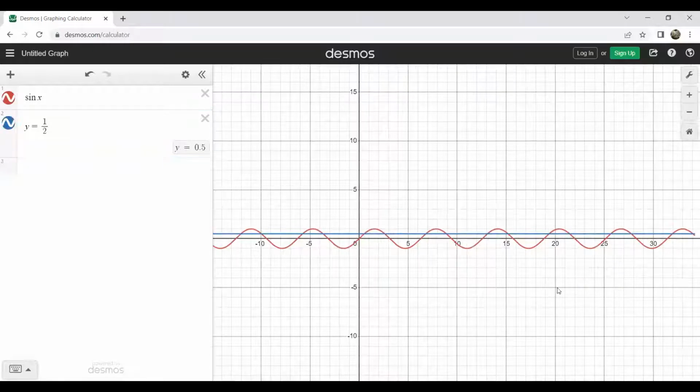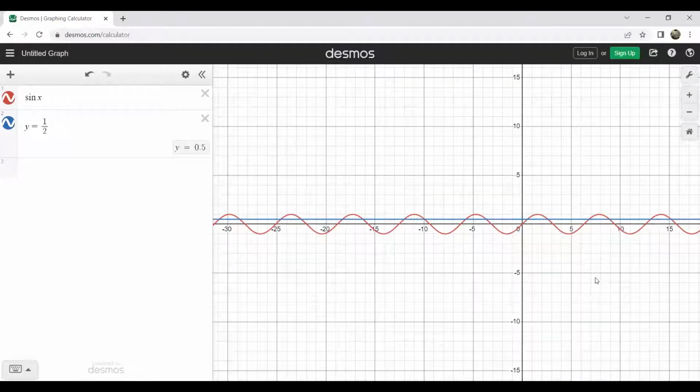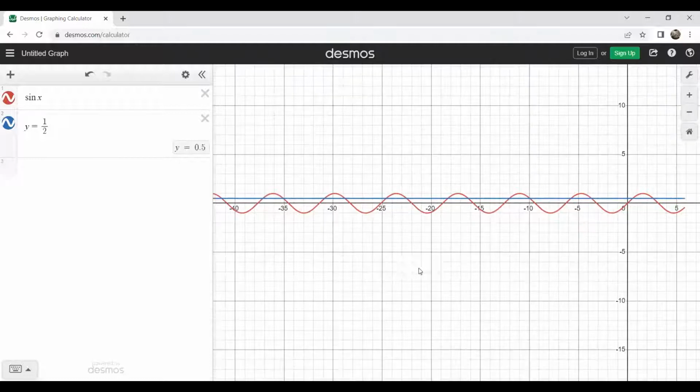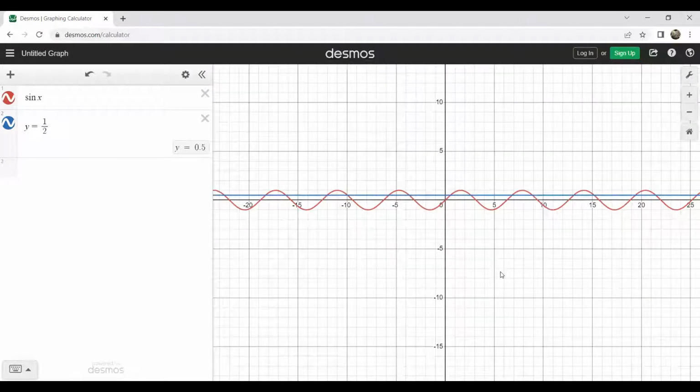As you can see, if I continue to the left and to the right, both graphs continue, and you see a lot of points of intersection between these two graphs. So let's go back to the board.